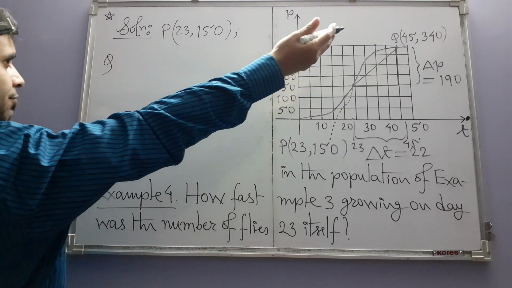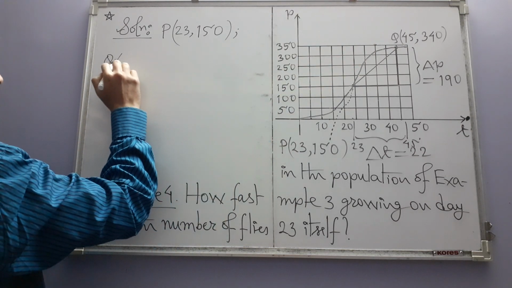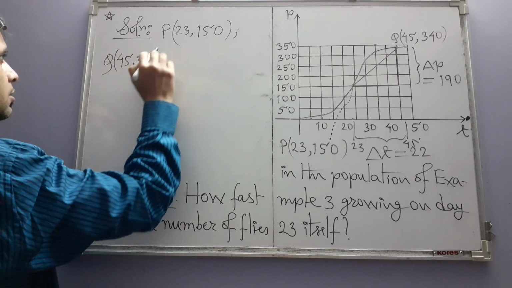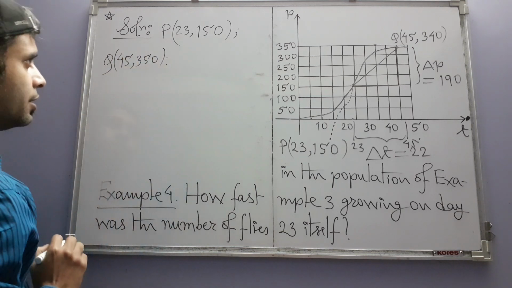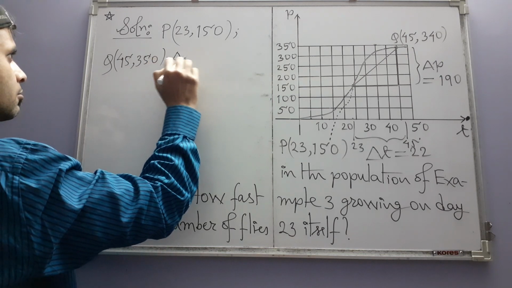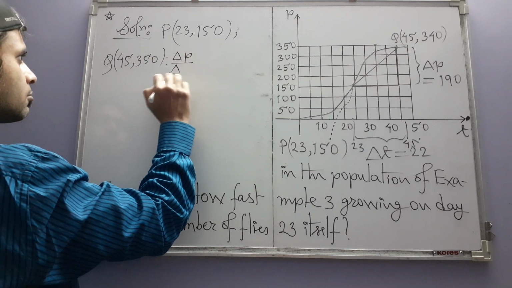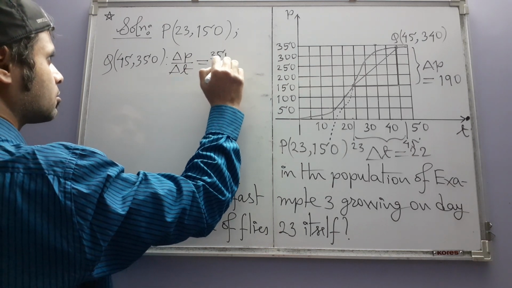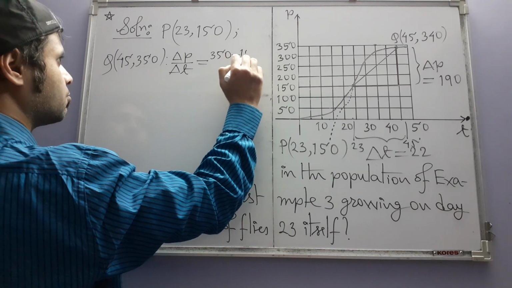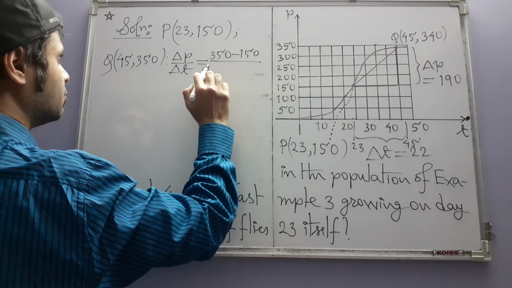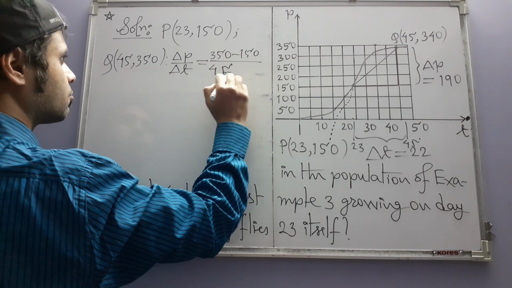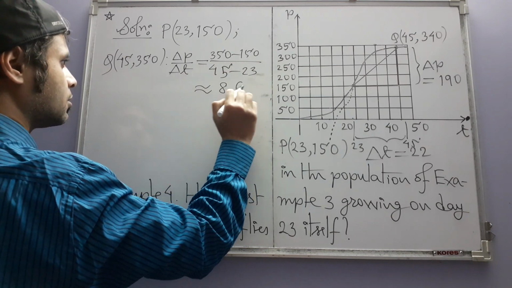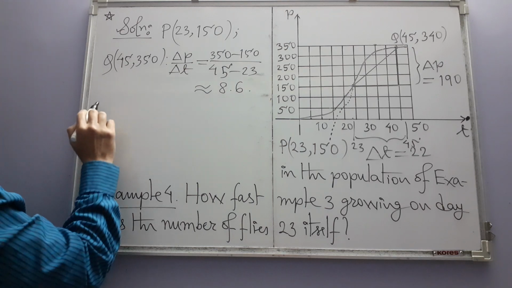Say we have that Q itself, that is 45, 350. In this case, the average rate is of course 350 minus 150 divided by 45 minus 23, which turned out to be approximately 8.6.